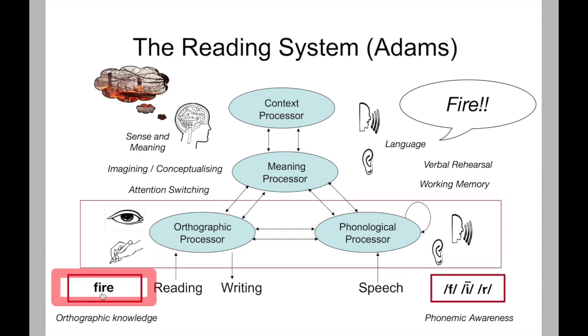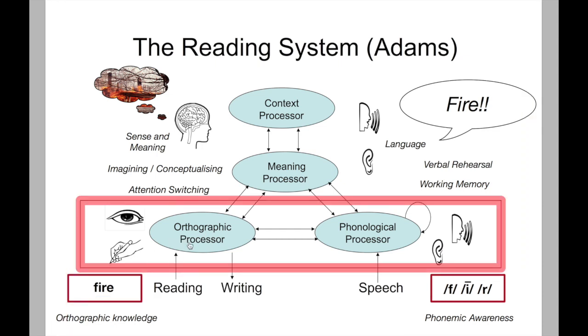Oh, that's the F. What's the letter that can make the I sound? Oh, letter I. What's the letter that makes the r sound? And I might write F-I-R, but then another processor hits my brain that says, that would be fur. For me to say fire, I need to use the silent E rule. I put the silent E on the end, and I have fire.